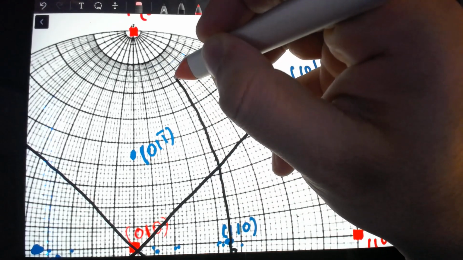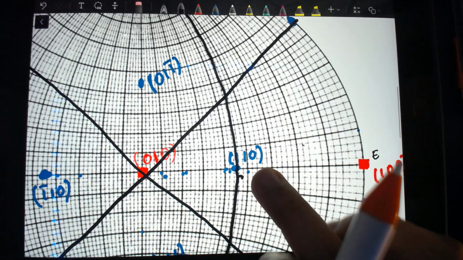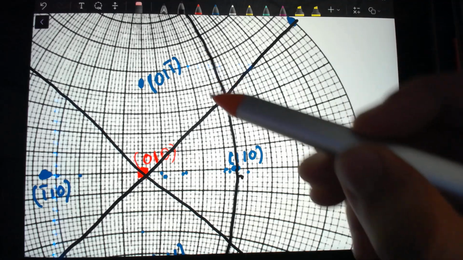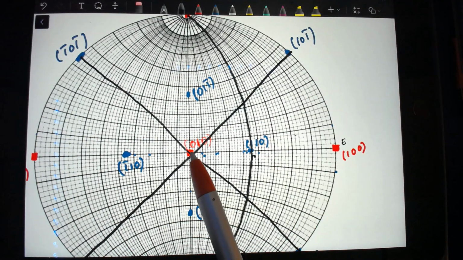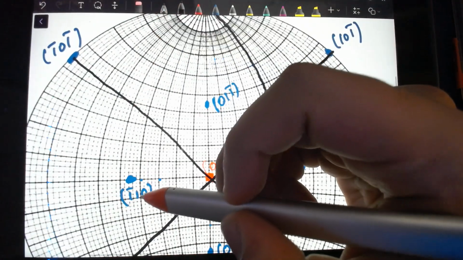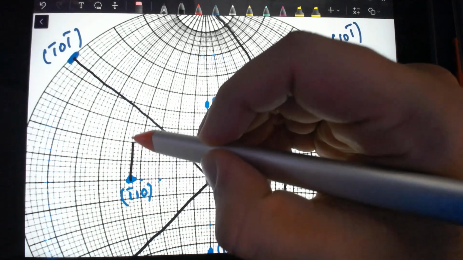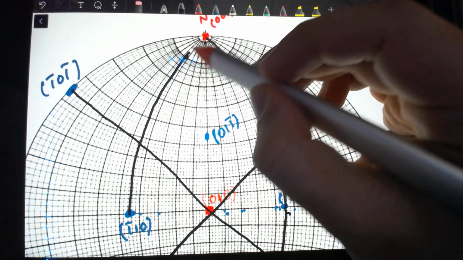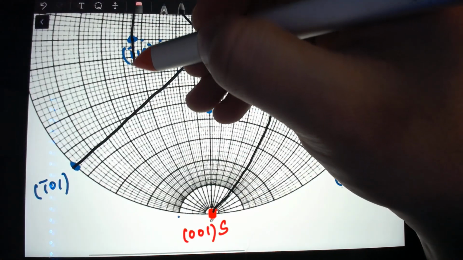Now the reason we are doing this is because the 1, 1, 0 that we first wrote is at 45 degrees from 0, 1, 0. So the idea is that any point on this entire great circle that I just drew is exactly at 45 degrees from 0, 1, 0 from the center. And same on the other side, the bar 1, 1, 0, we counted the 45 degrees. So if I draw the great circle for this, any point on this entire great circle is at 45 degrees with respect to or from the center.